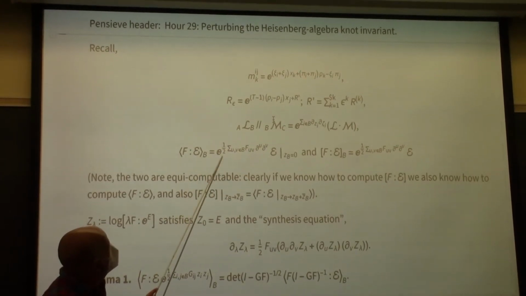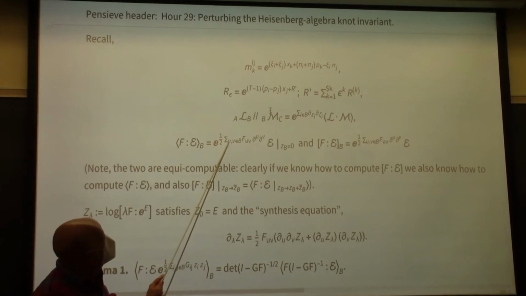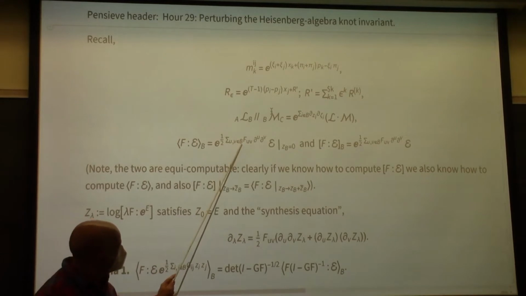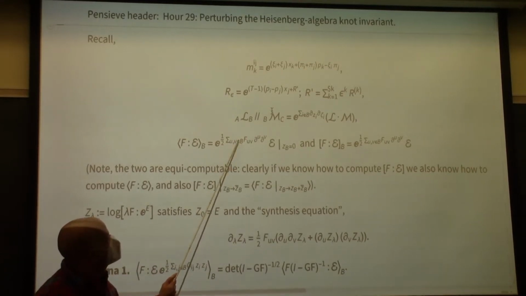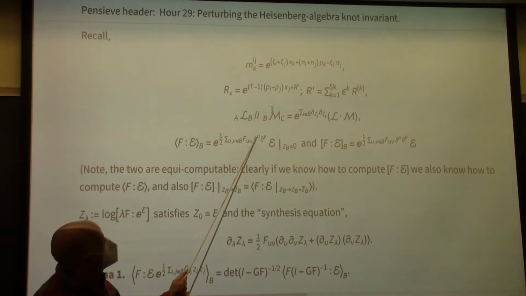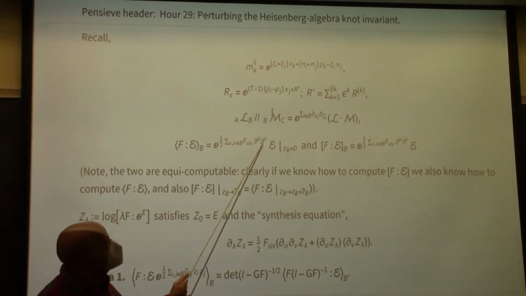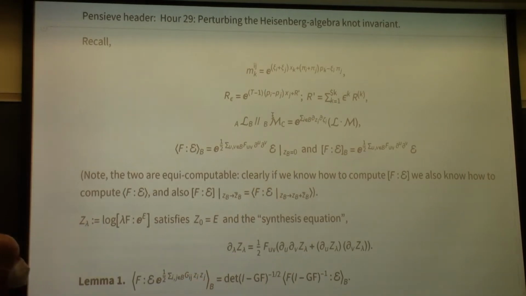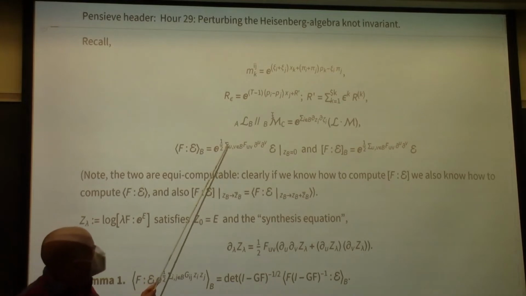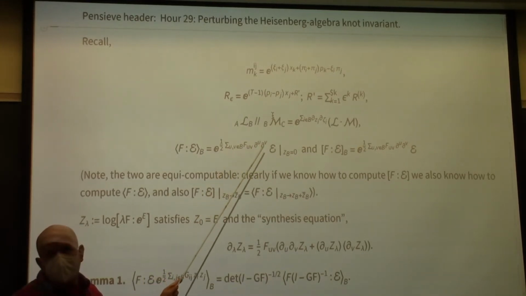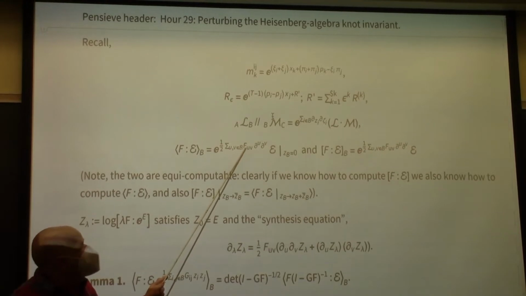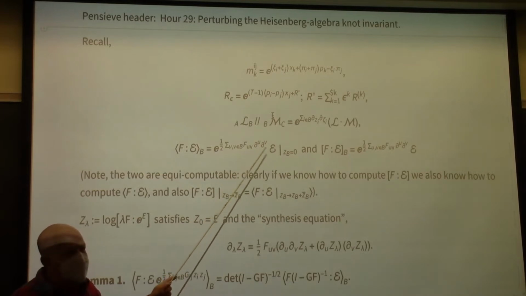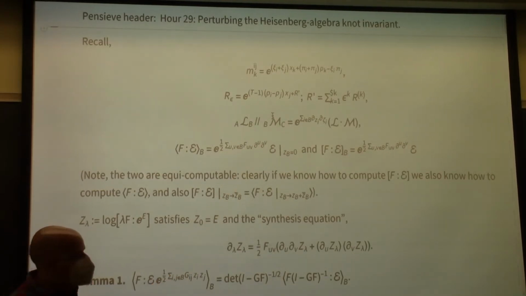So I define this to be e to the 1/2 sum over u and v running in the variables of B, f_uv times derivative with respect to u, derivative with respect to v, applied to e, and then set all the variables to 0. So, by the way, I will sometimes call this the Laplacian. I already did, but basically it's like the Laplacian, right? It's a symmetric form applied to its second derivatives with some symmetric form between them.